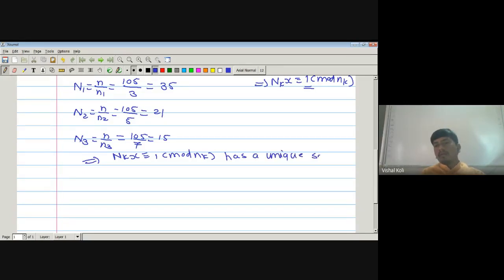Now there are three values of k, that is 1, 2 and 3, which implies N1 x is congruent to 1 modulo small n1. Small n1 is nothing but 3, that is 35x is congruent to 1 modulo 3. Now we have to find the value of x which satisfies this linear congruence, and for that there are two methods.